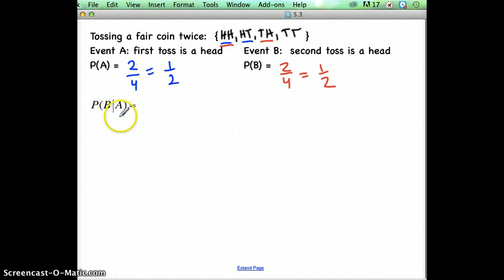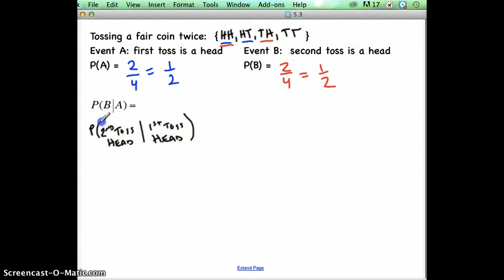Now let's say we're going to do conditional probability. This would be the probability of B given A. In words, that would be the probability that the second toss is a head, given that the first toss is a head.